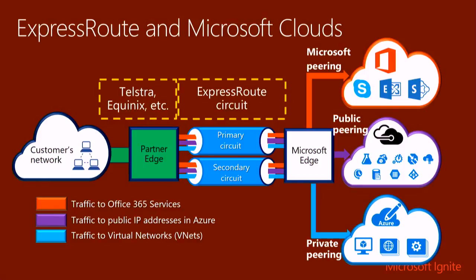Another thing is we provide a high level of SLA for the availability of the ExpressRoute circuit. The way we do that is you order one ExpressRoute circuit, and in fact you get two virtual circuits. Each of those virtual circuits can connect to the three clouds of Microsoft: Office, PaaS, or IaaS.